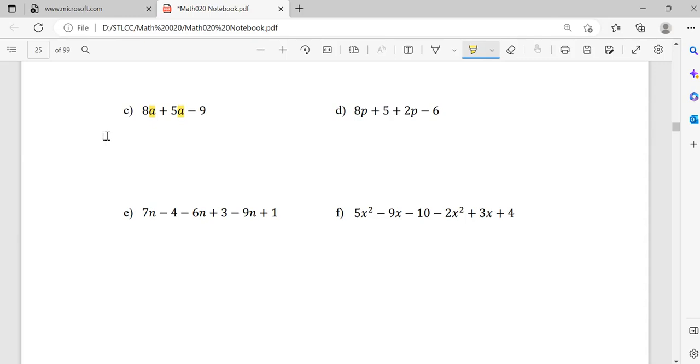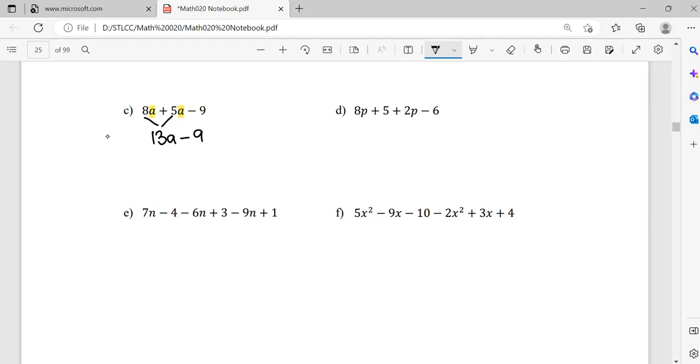So I'm going to combine 8a plus 5a, and leave minus 9 alone. 8 plus 5 is 13, the term was a, and then minus 9. I'm just going to copy it down, and sometimes that's all you can do. So the answer is 13a minus 9.